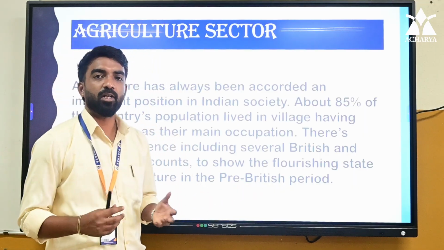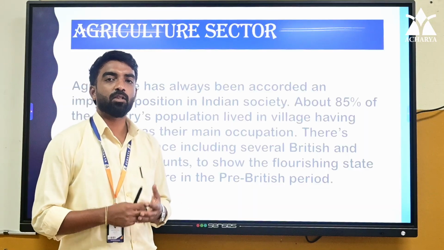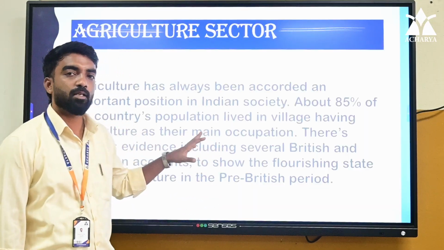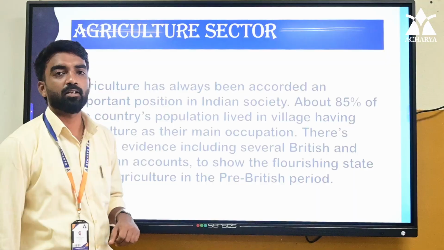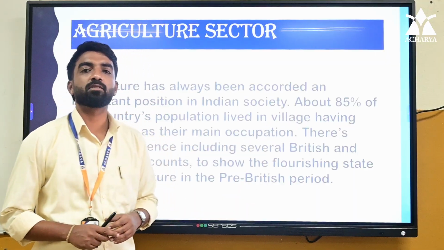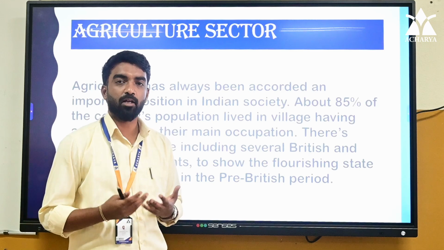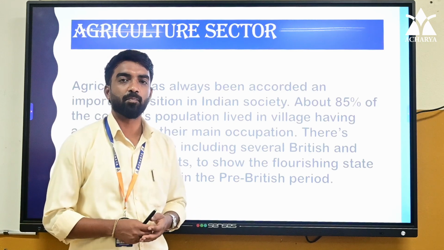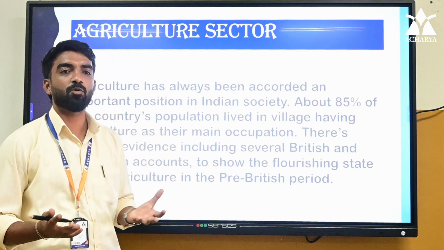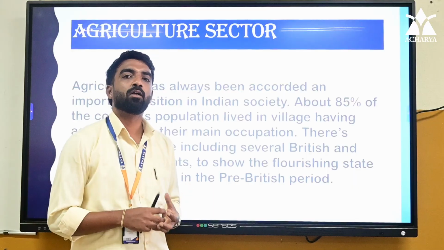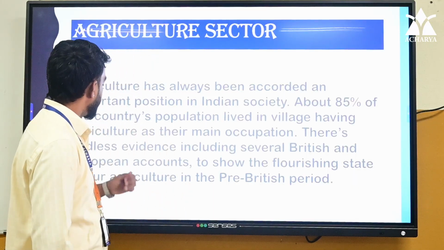During the time of independence, the Indian economy and workforce were largely dependent on the agricultural sector. You can see that 85% of our population was dependent on agriculture. That is why the Indian economy is called an agrarian economy, meaning the agriculture sector holds the largest population in its workforce.